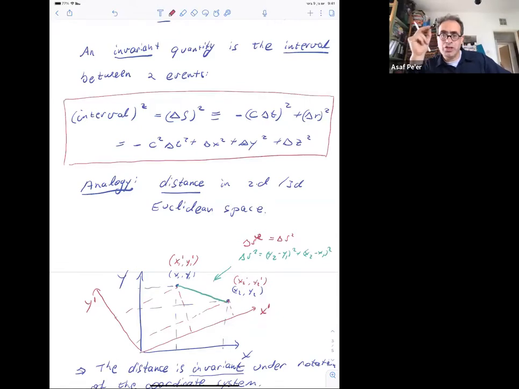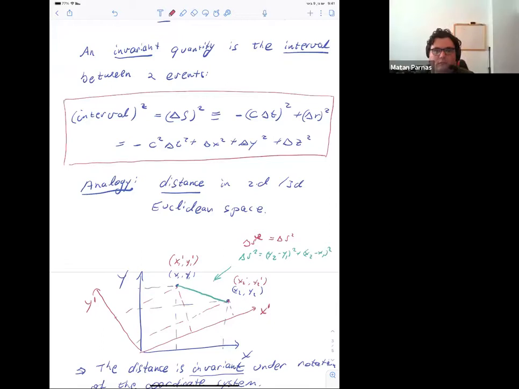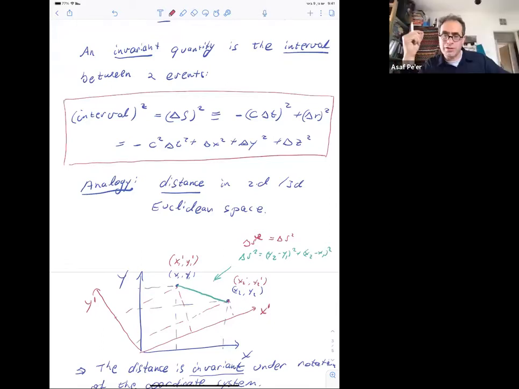Interval is defined between two events. Okay? An event occurs at a certain point at a certain time. A particle decayed. That is an event. Two people kissed. That is an event. Think in terms of events. Now I'm talking about the interval between two events. Two events are separated by distance. They are separated by time. They don't occur necessarily at the same location. They don't occur necessarily at the same time.